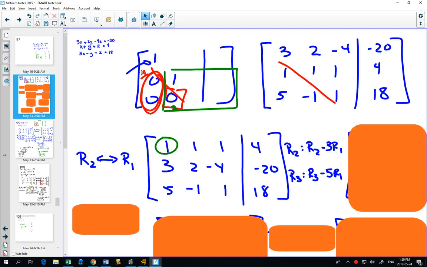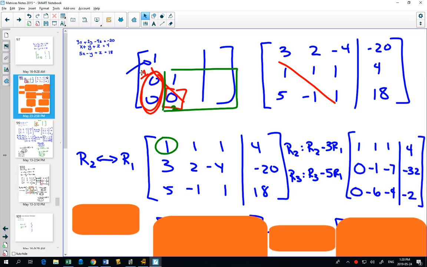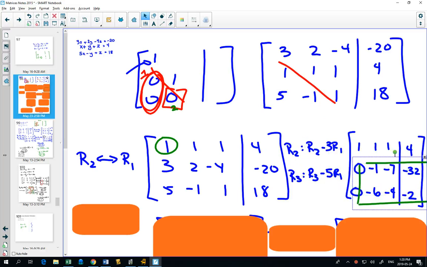I'm going to take row 3 and subtract 5 row 1s. Doing that will get me those two zeros that I was talking about. And now we just need to work in this smaller green box. I could slide it over there. Now in that section, I can work on ways to get my next 0.